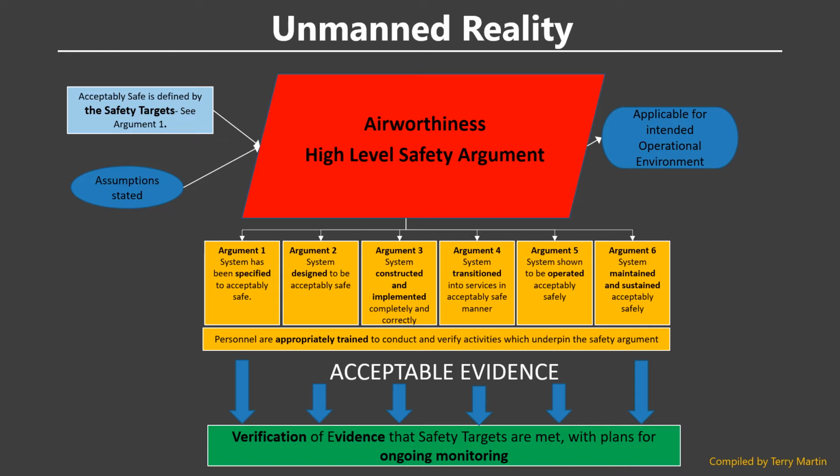Underpinning the high-level safety argument is that the systems are specified, designed, constructed, operated and maintained appropriately for the environment, and that the people doing all of these things are trained, and when they do so they present suitable levels of evidence to ensure that the safety target is met, that all the assumptions are stated, and then that entire ecosystem is maintained via ongoing monitoring.